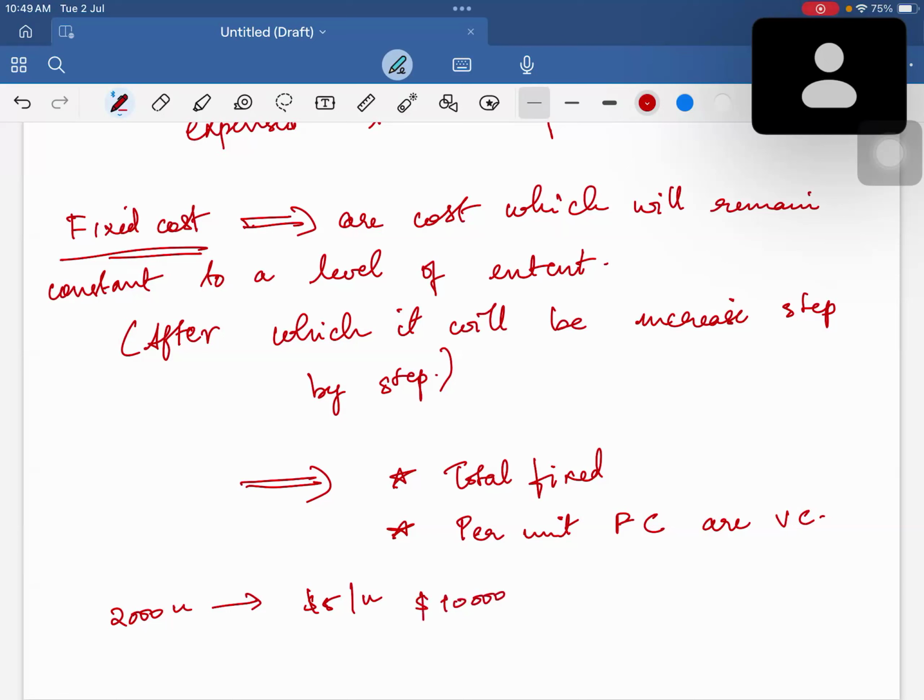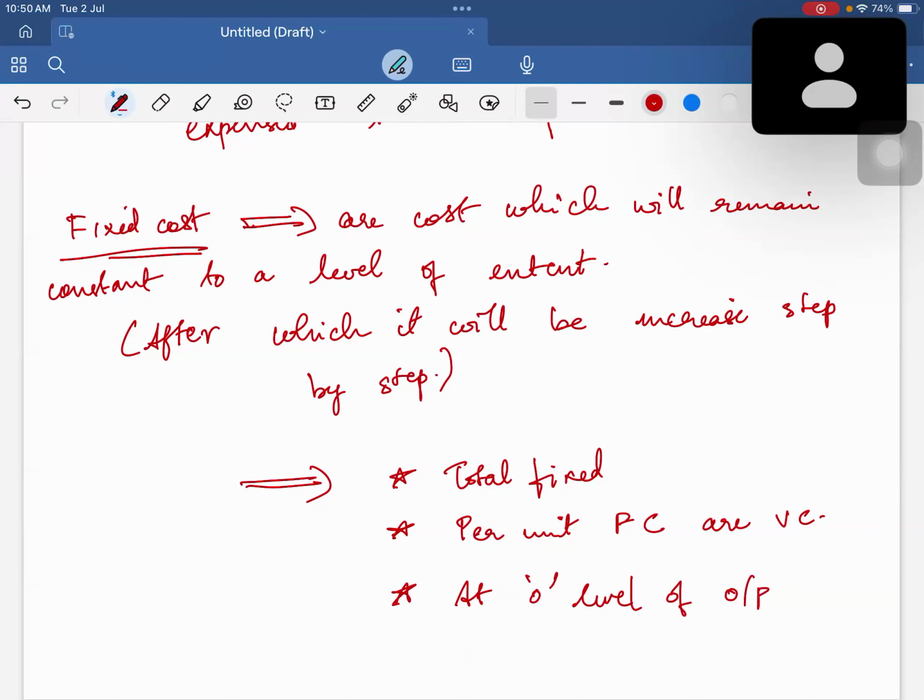But if you have 3000 units, then the cost is going to change: 3000 into 5, that is 15,000. So per unit fixed cost can also be called a variable cost. I'm not talking about the total thing, I'm talking about per unit fixed cost.